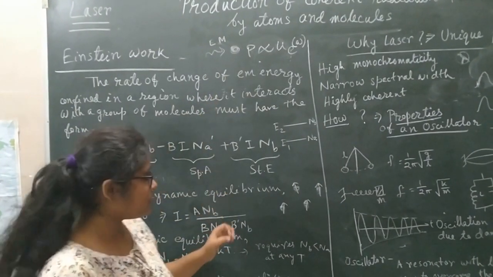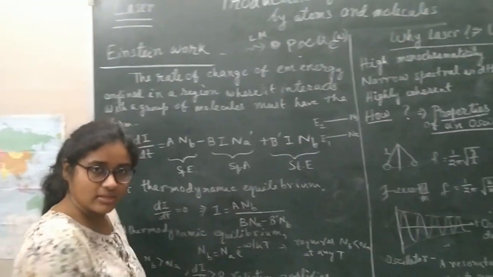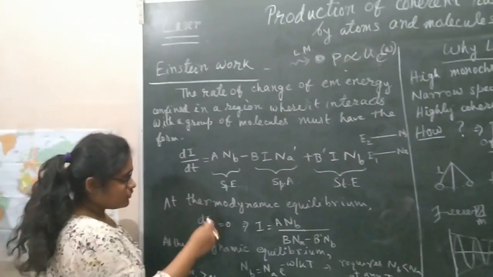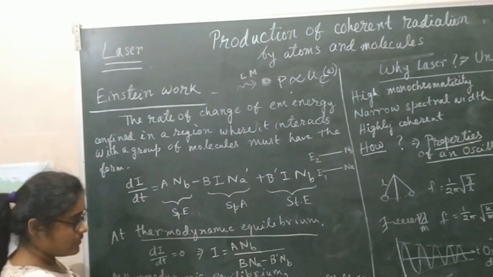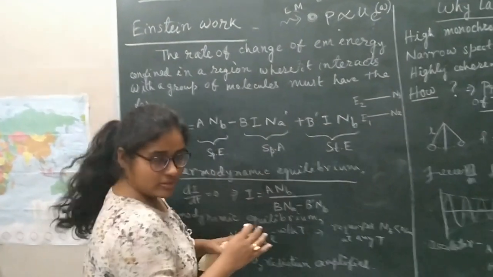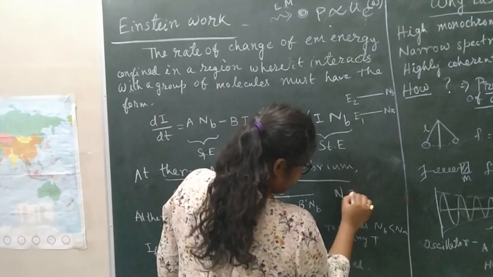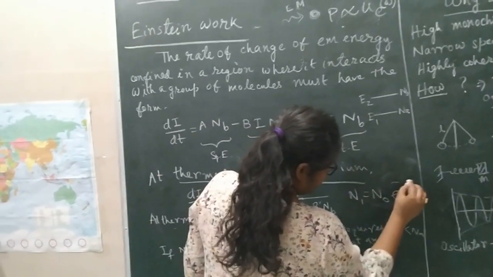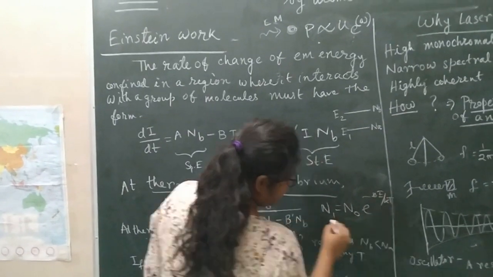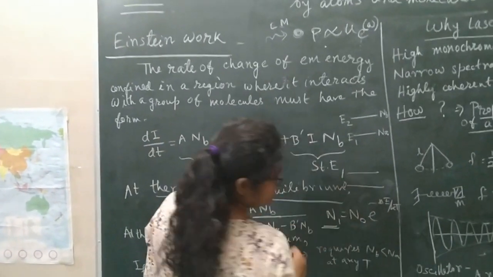Also, we have to think that when we derive Planck's radiation law, we are applying thermodynamic equilibrium. At thermodynamic equilibrium, we have Maxwell-Boltzmann's law, that is n1 equals n0 e to the power minus delta E by kT, where the population at level 1 is related to the population at level 0, suppose this is level 1 and this is the 0th level.